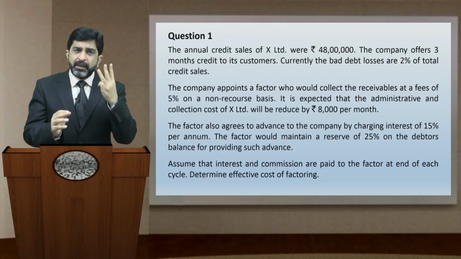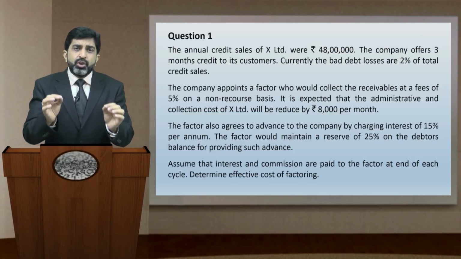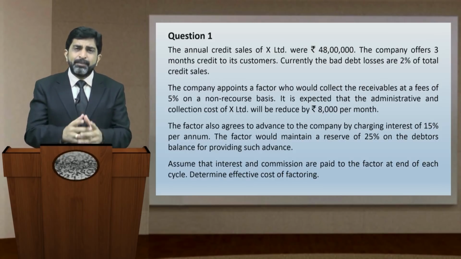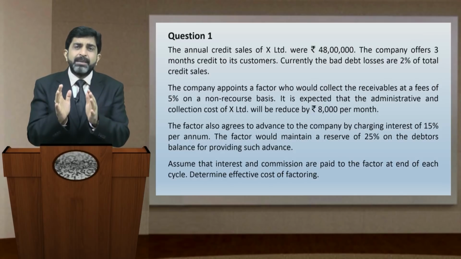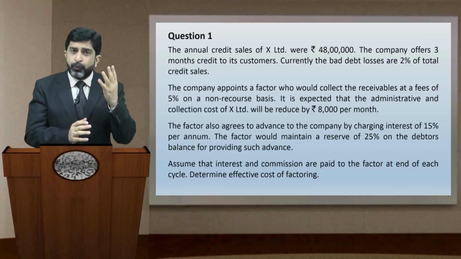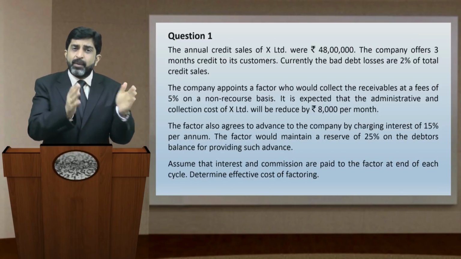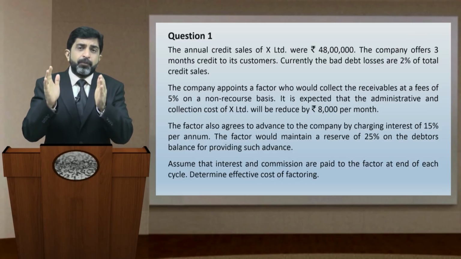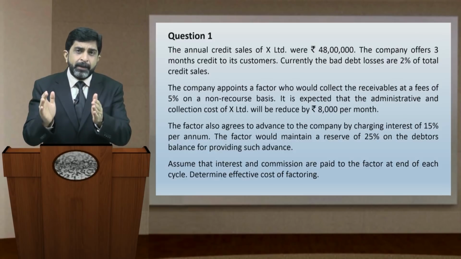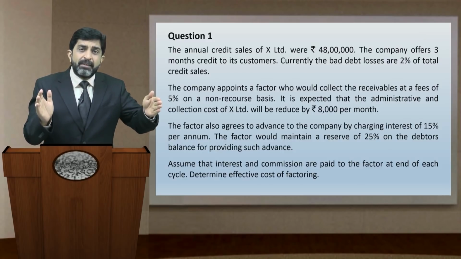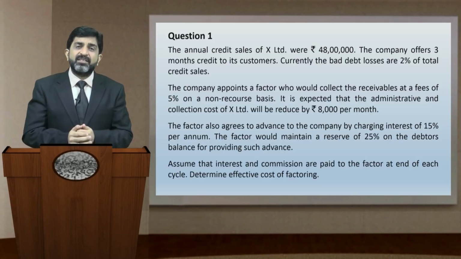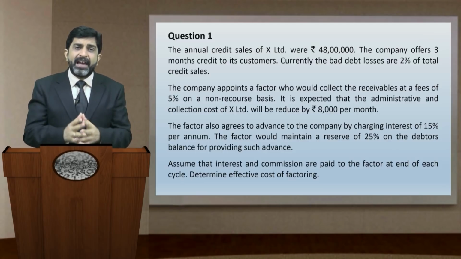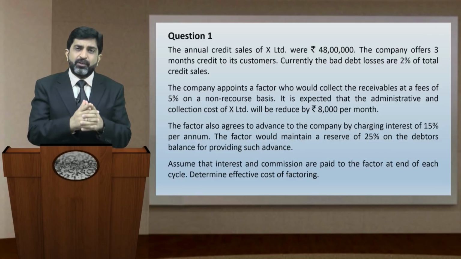You are offering 3 months credit and your annual credit sales is 48 lakhs. So we can simply conclude that on average the monthly sale will be rupees 4 lakhs, that is 48 lakhs divided by 12 months. Now, if monthly sale is rupees 4 lakhs and 3 months of sales you have given on credit basis, it will be 3 multiplied by 4 lakhs, that is rupees 12 lakhs, which will be the average balance of debtors.